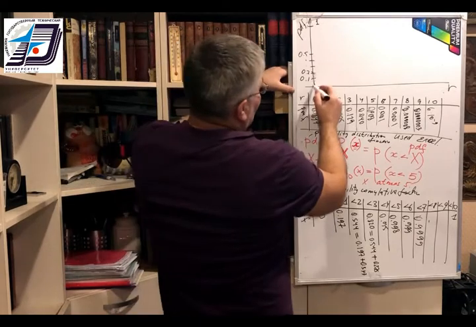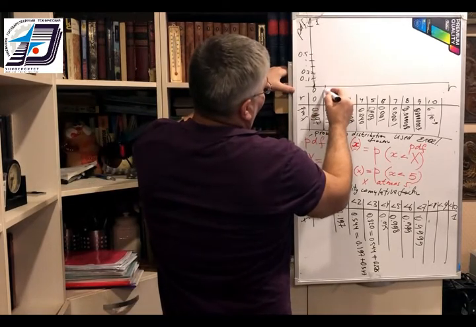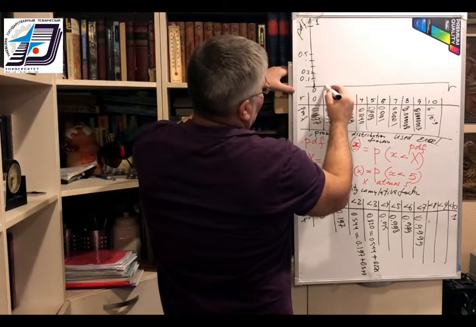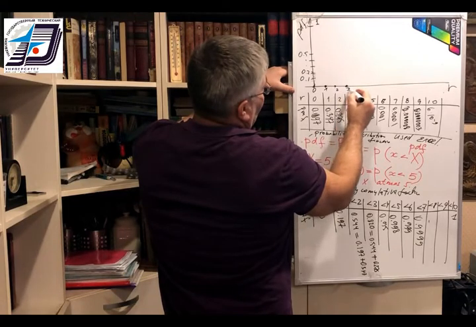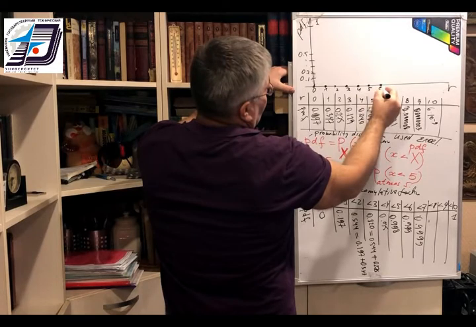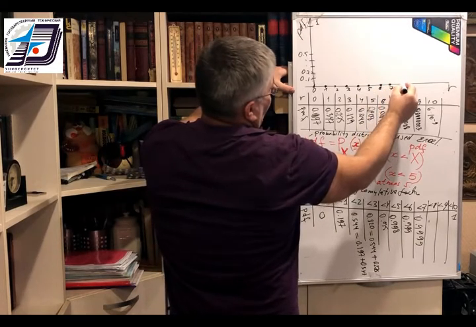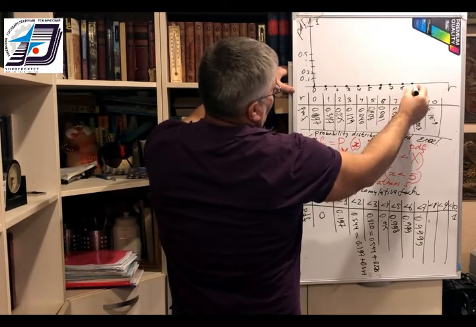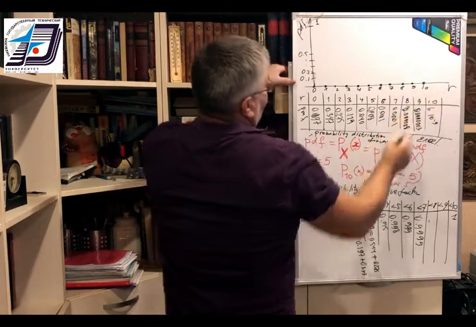And here I have 0, 1, 2, 3, 4, 5, 6, 7, 8, 9, 10.